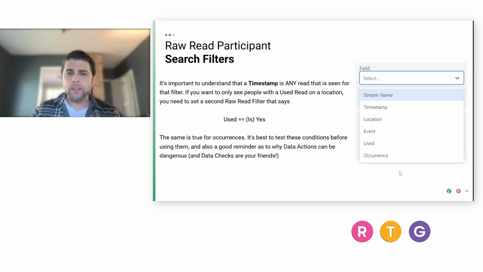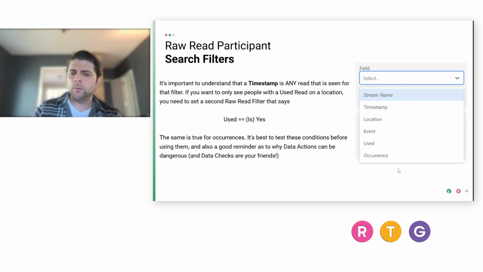It's also important to understand that when you use a timestamp filter, a timestamp is any read that is seen by that filter. So if you want to use only people with a used read on a location, you do need to set a second raw read filter that says used is yes. The same is true for occurrences. It's just best to test these conditions before using them.